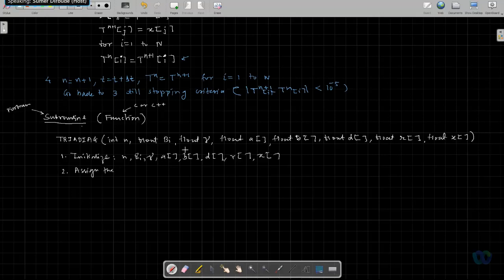We want to assign values to this A, B, D, but before you create these arrays, it is better to initialize them with some 0 values. Okay, and then next you assign the values.